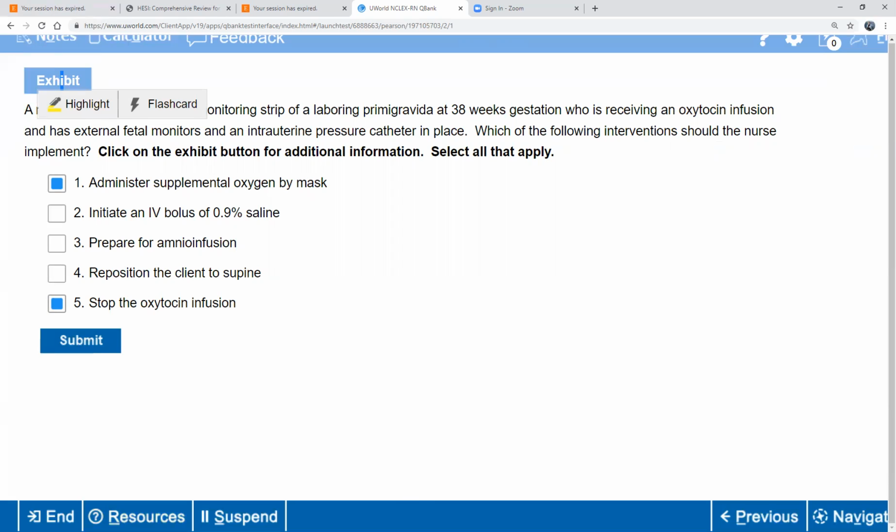Yeah. I'll say 1 and 5. I don't know. What do you think, Mace? But I still don't know what the rationale is behind the IV bolus of normal saline.